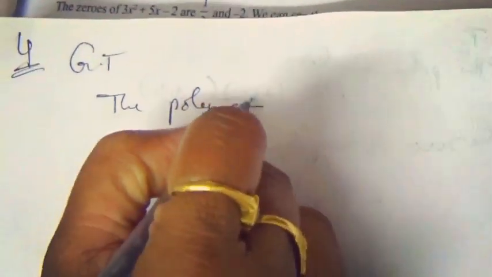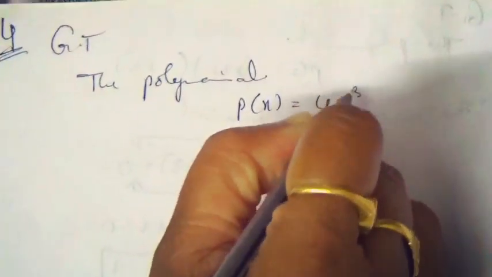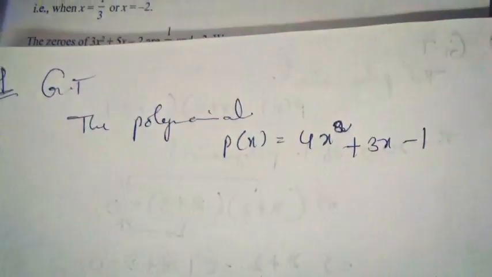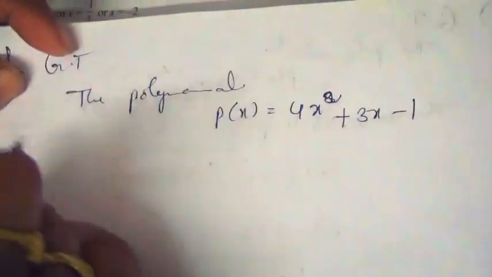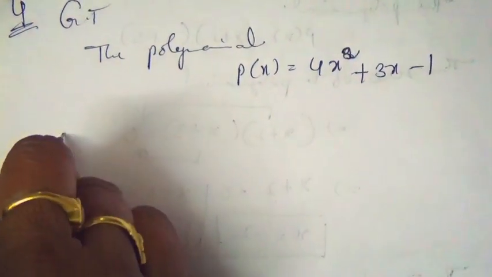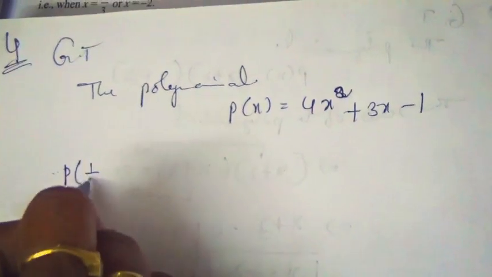So given that the polynomial p of x is equal to 4x square plus 3x minus 1. Firstly I want to check p of 1 by 4.